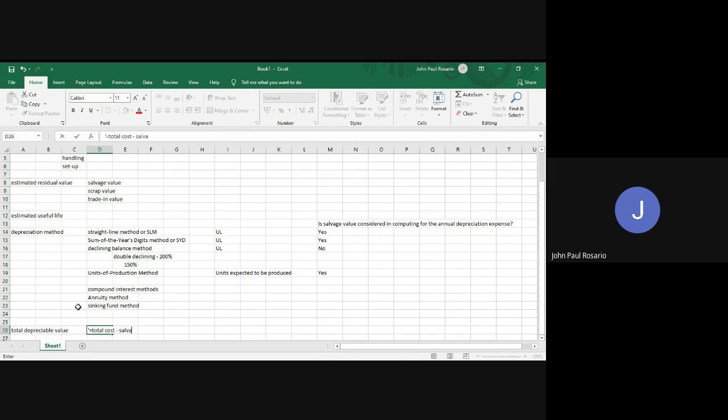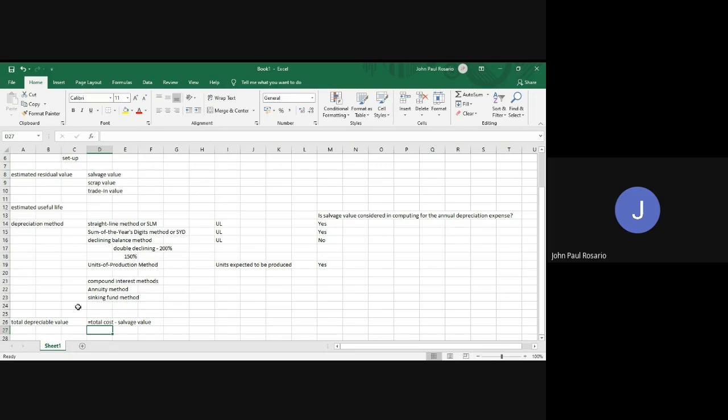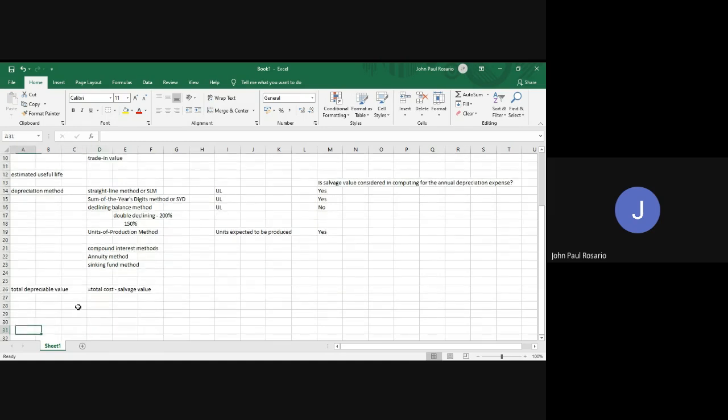With that said, let's start discussing our depreciation methods, beginning with the straight line method, or SLM. When it comes to the straight line method, the formula for your annual depreciation will be computed as follows.